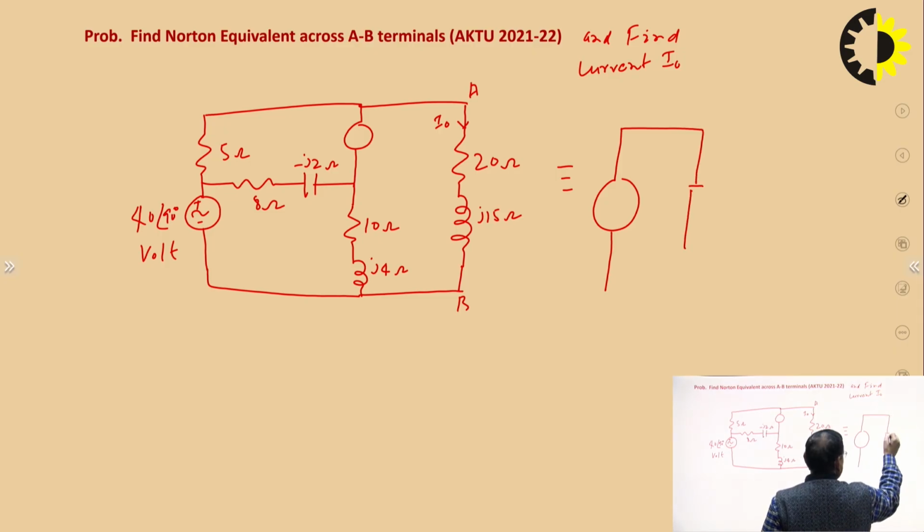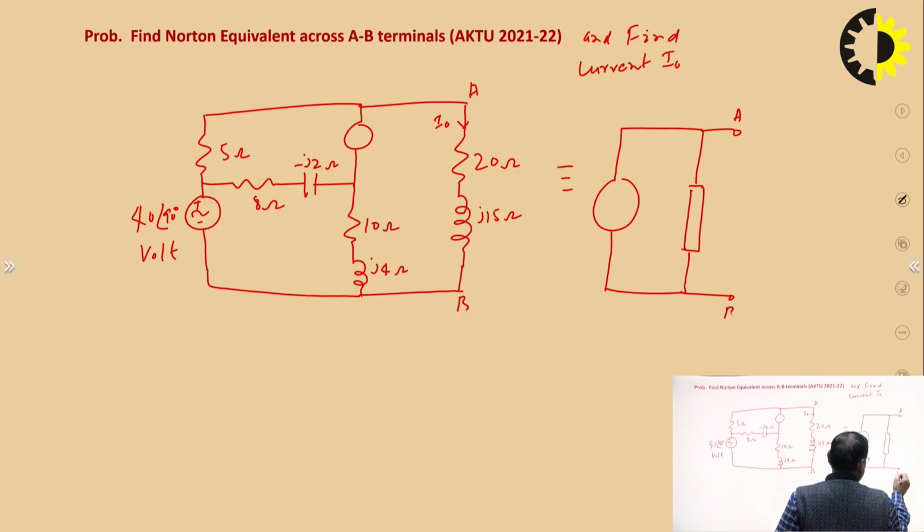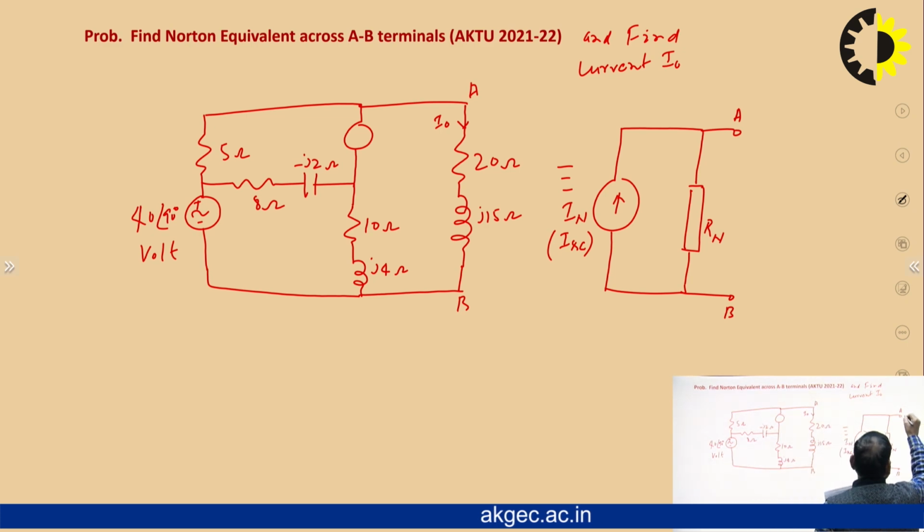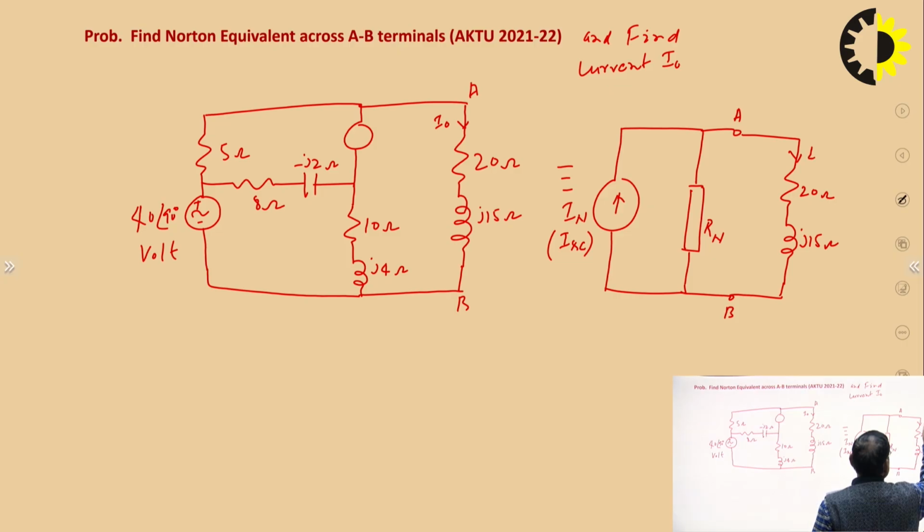This is your RN, and this is the IN, or basically this is ISC, the short circuit current across the AB terminals, and then we place this resistance 20 ohm, J15 ohm, and we can find the I0.